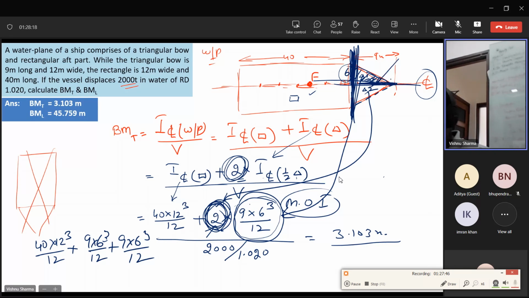Y will be this axis, correct or no? Correct, sir. Arey bhai, this is the triangle that you're talking about. You want about this. This is your y. So this will be 9 meters, no? Yes or no? Yes, sir. So then, which is center line here in this case? Okay, sir. Understood.